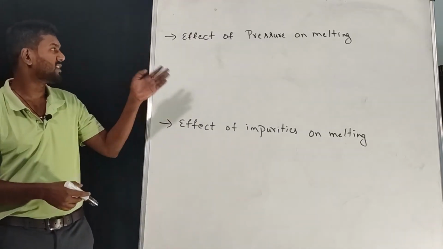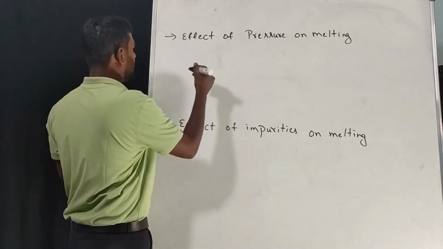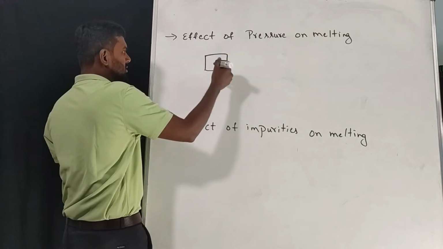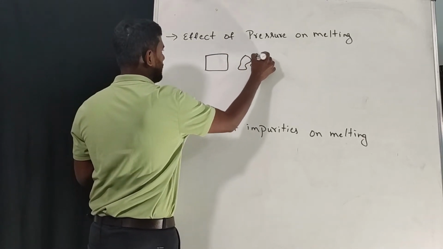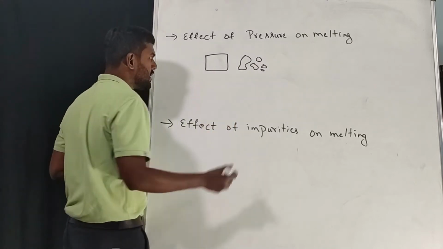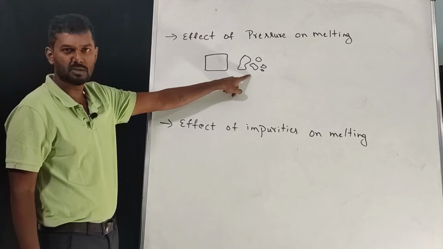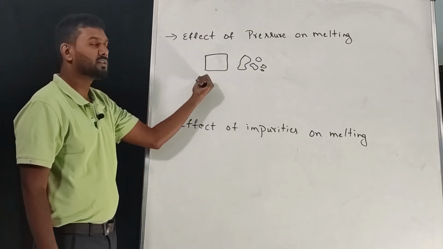Now we'll talk about the effect of pressure on melting. Very simple, you can understand it by an example. Assume this is a block of ice. If you apply some pressure, this will break into some pieces, correct? It may be many different pieces. Now which melts faster, the block or the pieces?